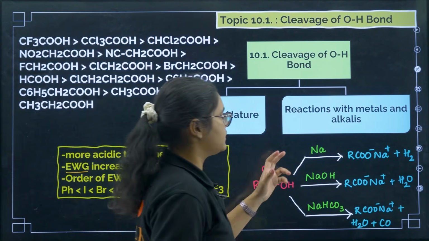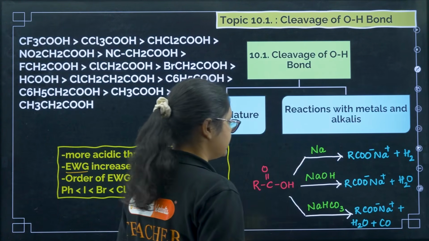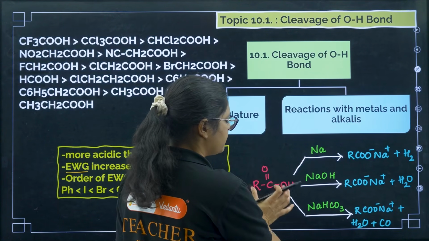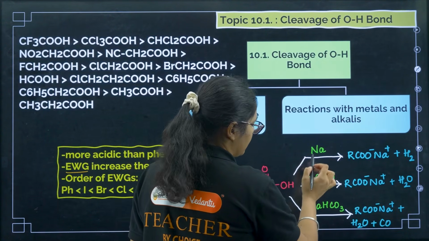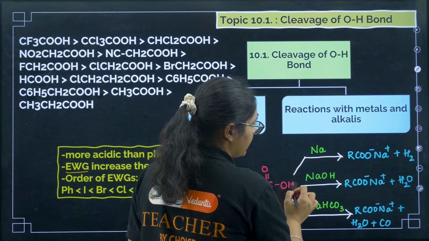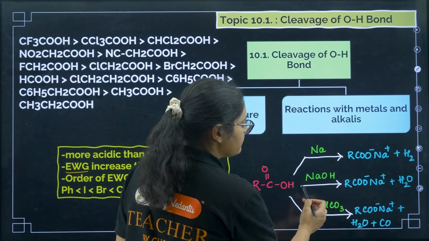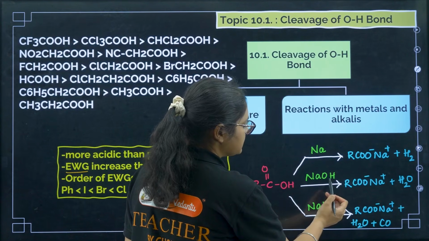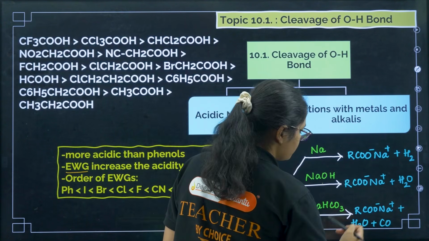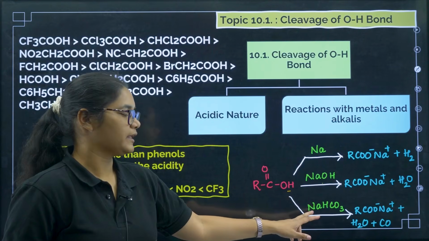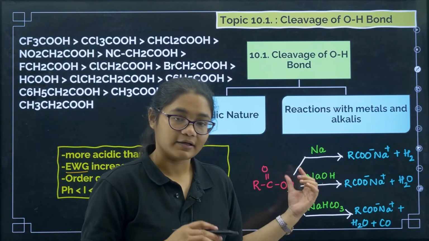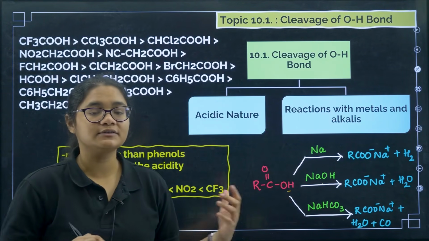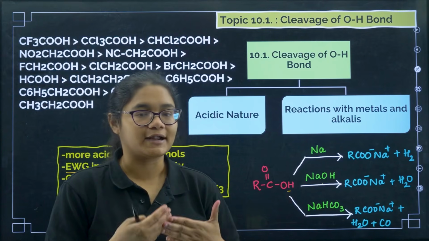Now coming to the reactions with metals and alkalis. If RCOOH is treated with Na, you will get RCOONa plus H2. If you treat it with NaOH, you will get RCOONa plus water. Now remember, phenol does not react with NaHCO3, but carboxylic acids can react because carboxylic acids are more acidic than phenols.